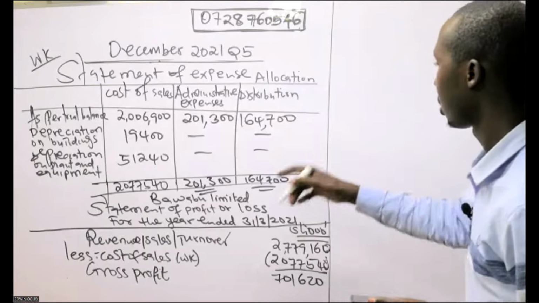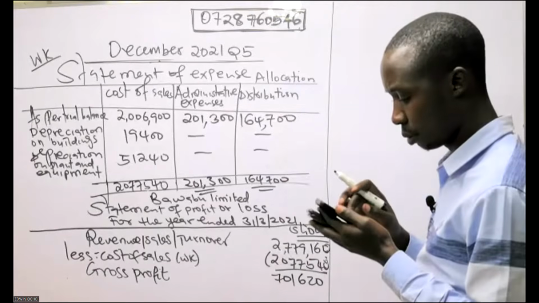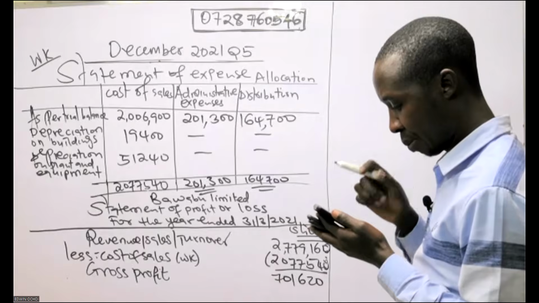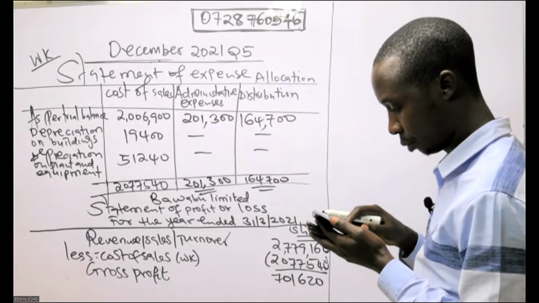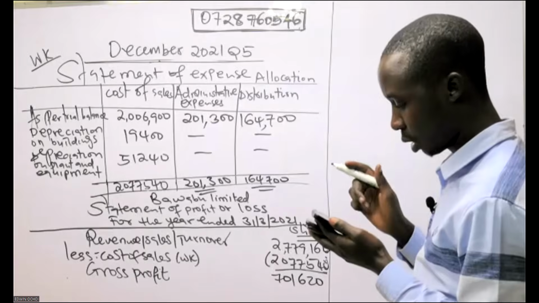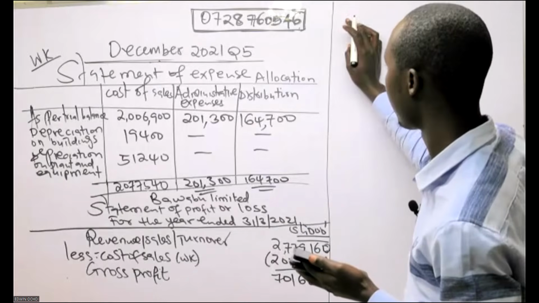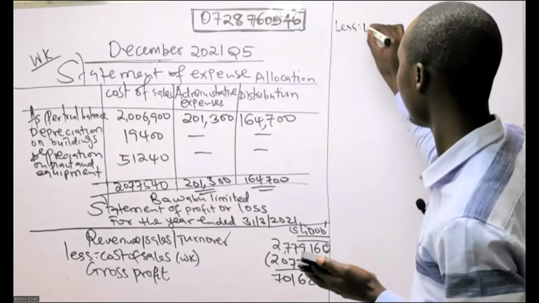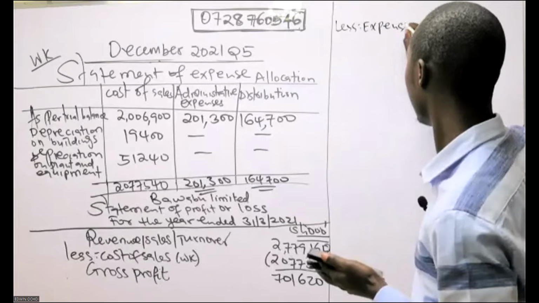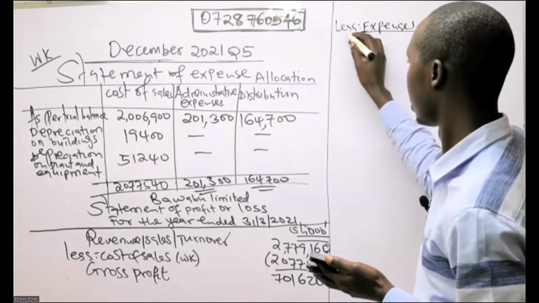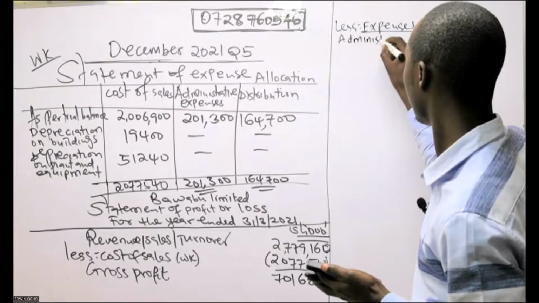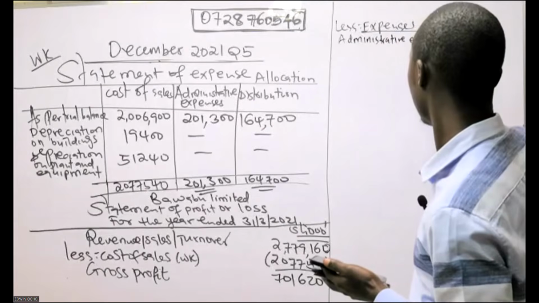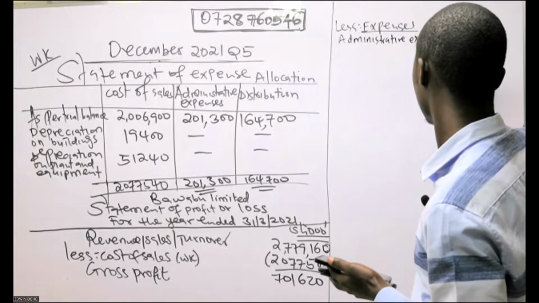So after this, we talk about expenses. Is there another income? There's no income to add. If there was income, I could have added. So there's expenses. So we have the administrative expenses.